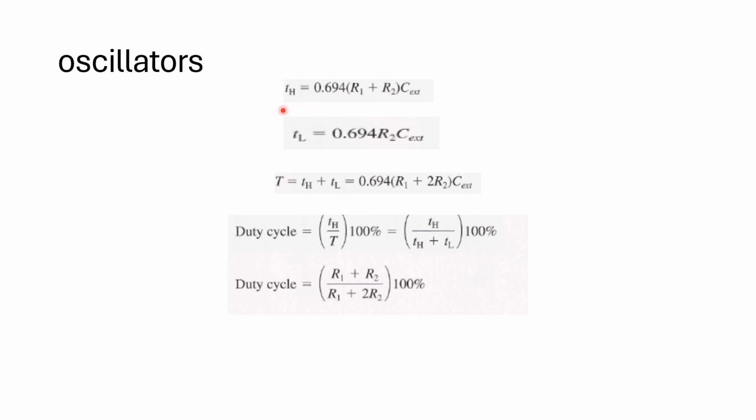For the timing circuits, the formula depends on your R1, R2 and your C external. So you can make your own design with the 555 timer. You can adjust the width of your pulses by following the values of R1, R2, and the capacitor that you have.